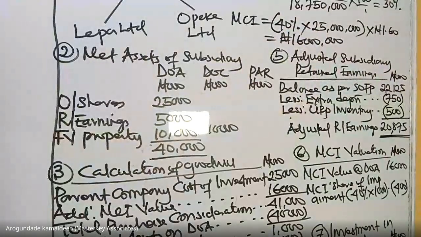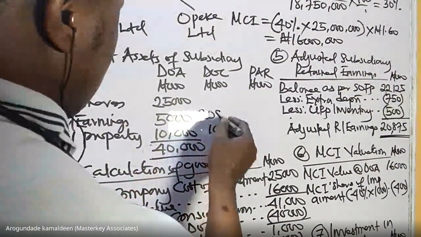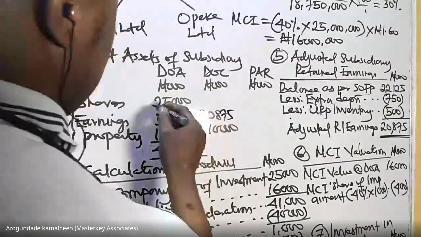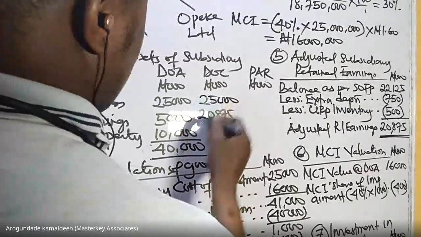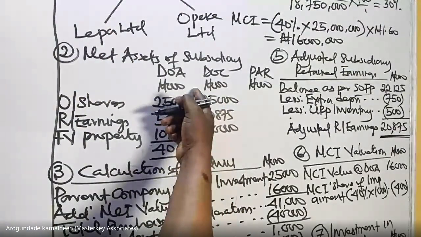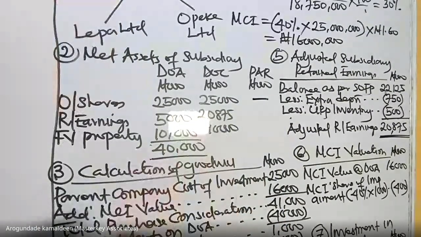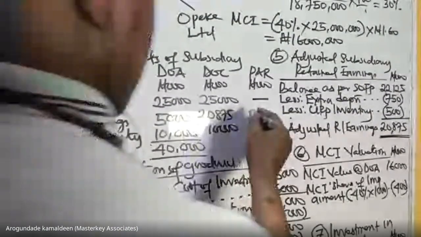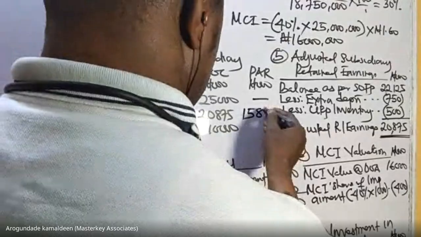The adjusted retained earnings that will come here, 2,875. This will still be 25 million. So the closing minus the opening, this minus this, minus 5,000, we have 15,875.